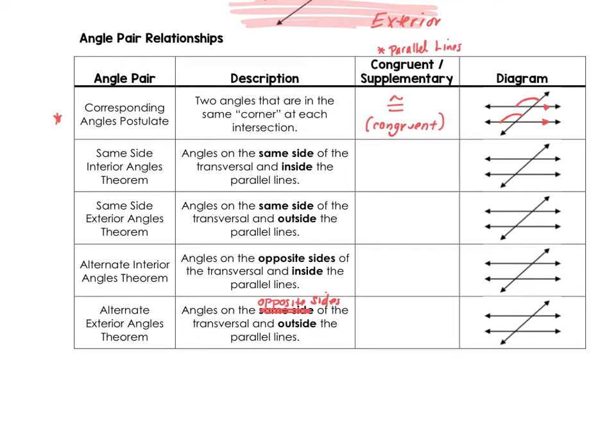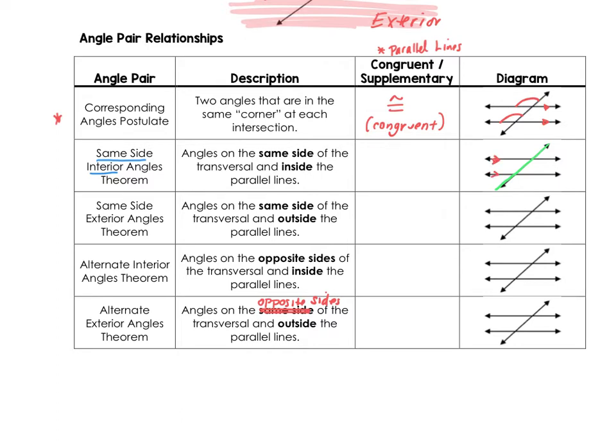All right, our next special angle pair would be same side interior angles. So the same side interior angles theorem says that they are angles on the same side of the transversal and inside the parallel lines. Okay, so first of all, this is our transversal. These are the two parallel lines. I'm going to use arrows to indicate that they're parallel.